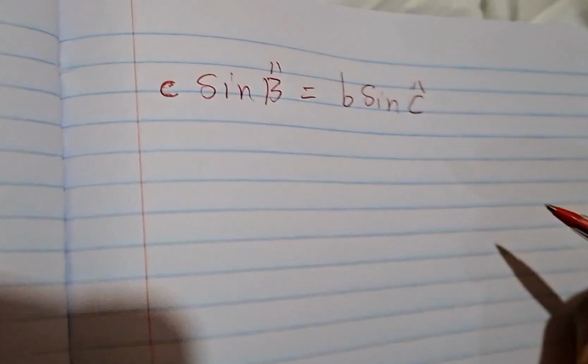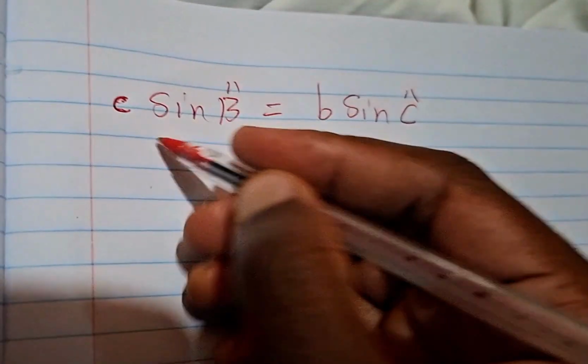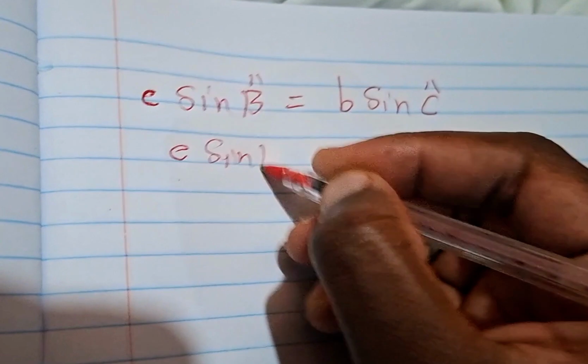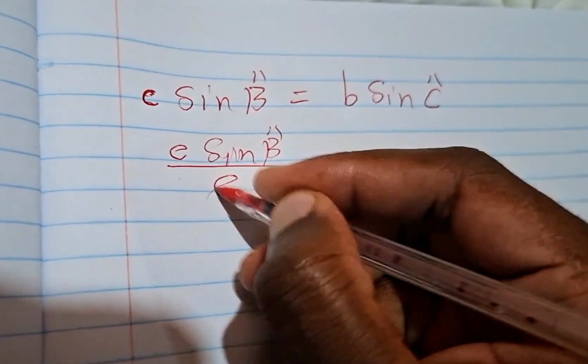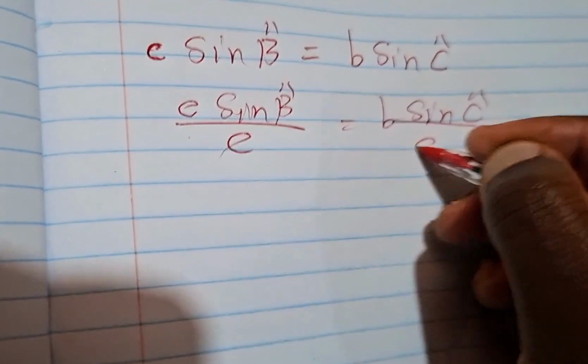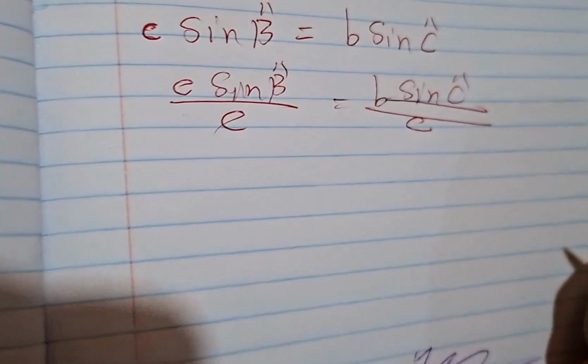So here we are going to divide both sides by c. We copy that, c sine angle B divided by c equals b sine angle C divided by c.